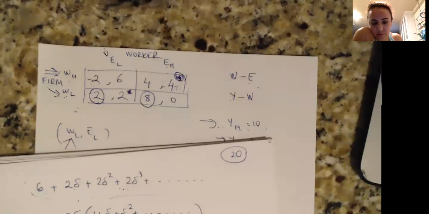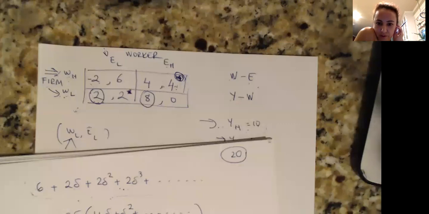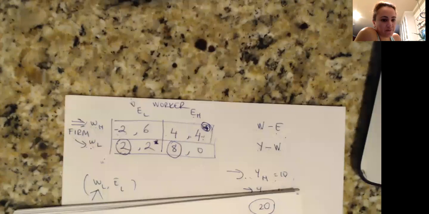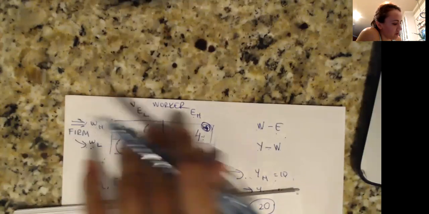Oh no. Okay. So in part C, we are considering changing WH. What is the smallest level of WH that the firm can use to get high effort from the worker in the infinitely repeated game? So since WH is changing, my payoff matrix is going to change.